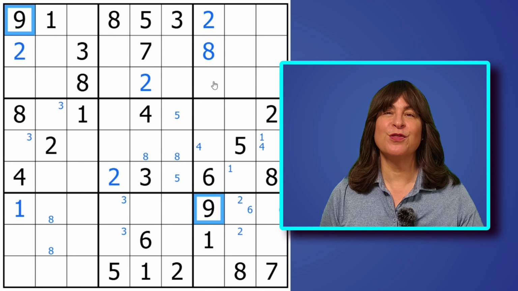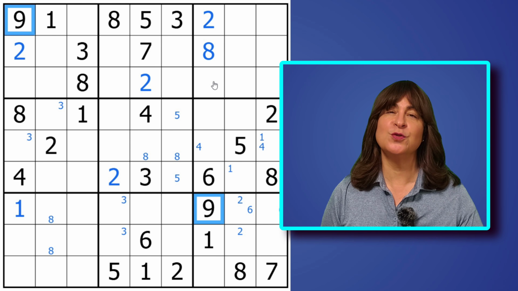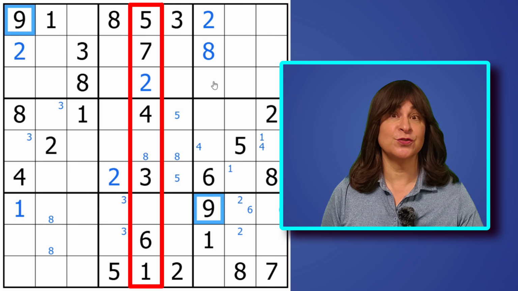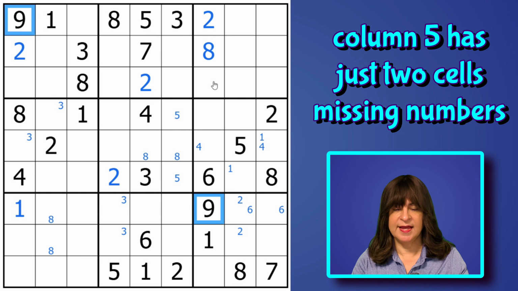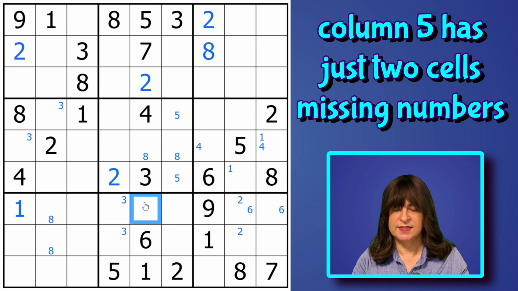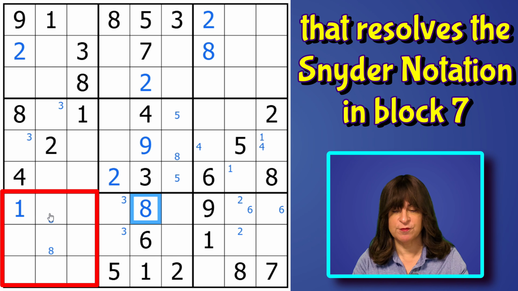Okay, once I've run through the numbers 1 to 9, then I look for units with just 2 cells missing. And here in column 5, there are just 2 cells missing numbers. And what's missing? The 8 and the 9. But this can't be the 9 because of this 9. So this is the 9, and then this is the 8. And then that resolves this pair of 8s.